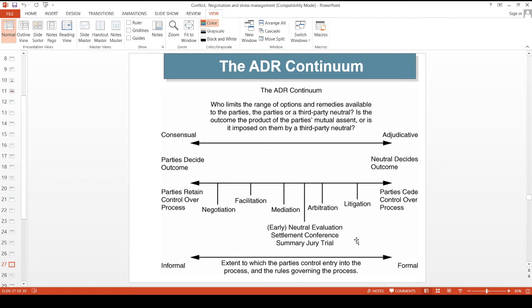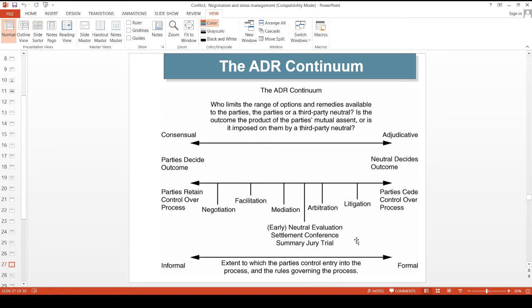Ahead of these two techniques comes mediation, in which the parties do not have control over the process. The control of the decision process goes to the third party. In mediation, as we discussed earlier, the third party will decide about the dispute between the two parties. In this way we are moving towards more formalization of the dispute handling process.